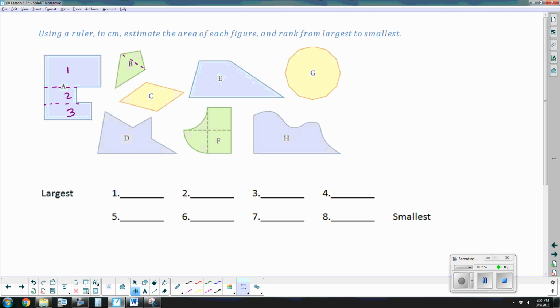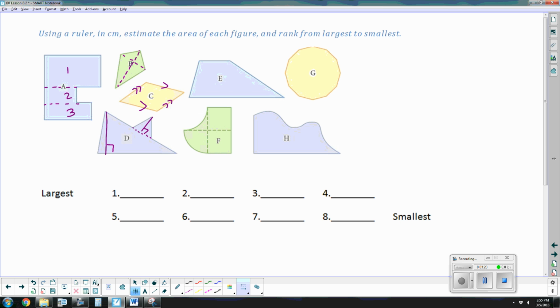B kind of looks like a kite. So you'll measure the diagonals of the kite to estimate the area. C looks like a parallelogram. D is kind of a funny shaped figure, but looks like you could have 2 triangles here.